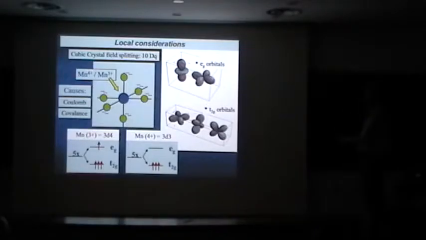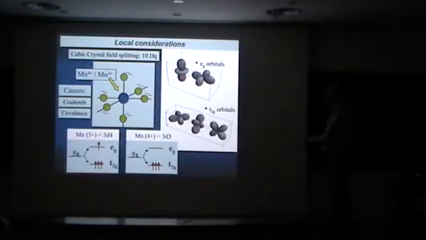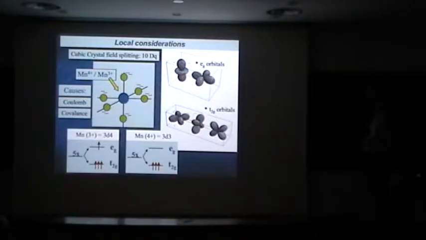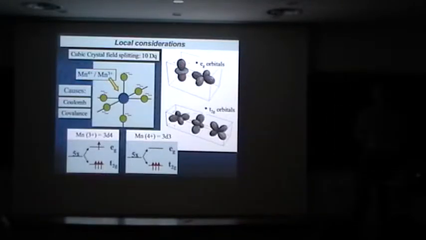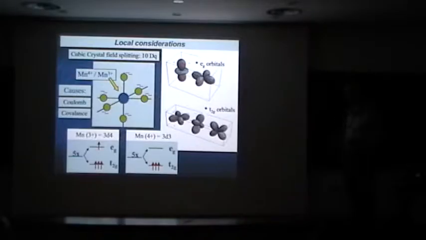If 10 dq becomes very large, as in the pictures that Tom has shown, then it's more favorable for the electron to go in the T2G shell with spin down, paying the Hund's rule energy, but avoiding the crystal field splitting. So that's why, in general, this doesn't happen in the manganites.